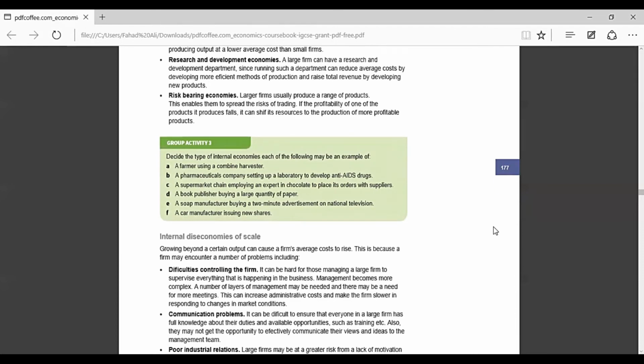Research and development economies: again, Apple and the iPhone would be the best example. Today, when we are using the iPhone 13, they are trying their level best to invent the next version of that. Why? Because they know that the world needs something new, some more convenience, something better, something extra in the next cell phone, so that people keep their loyalty to the iPhone and do not go away from it.